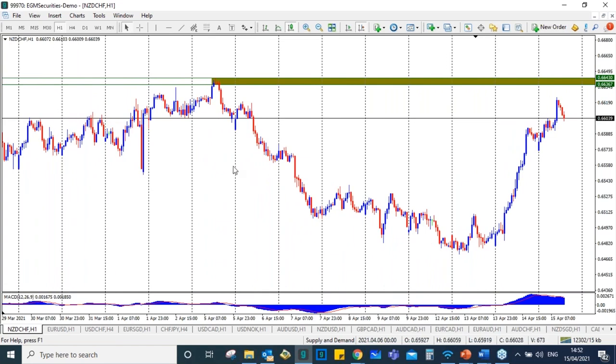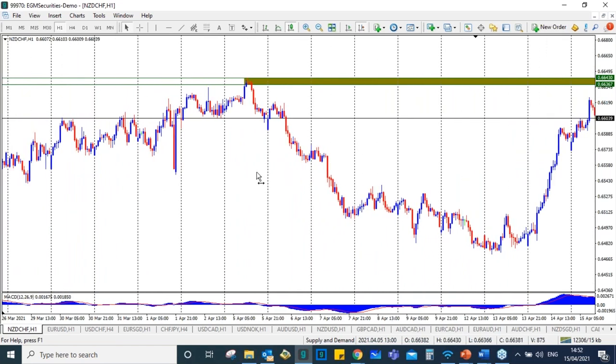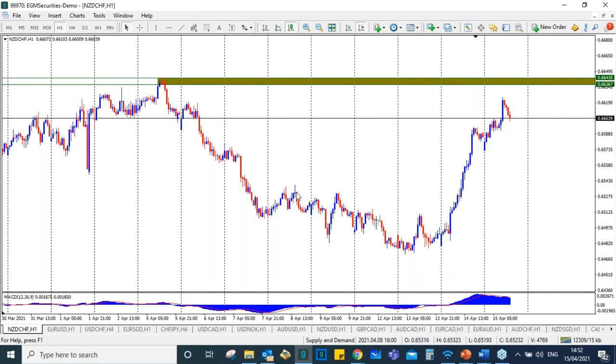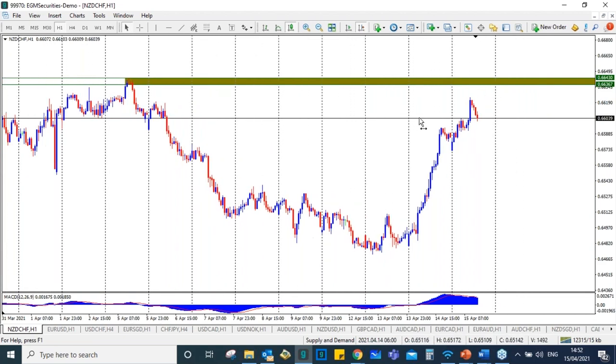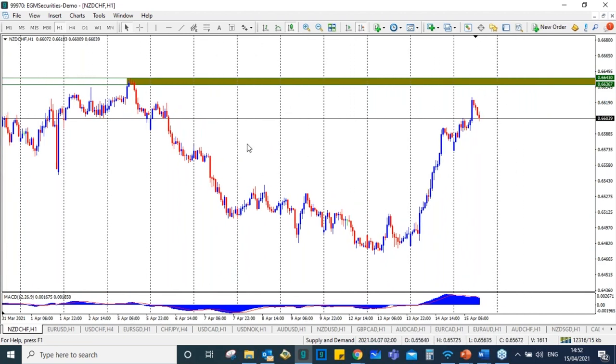Of course, it would take time for you to master how to identify these zones, but ideally what you're supposed to do is to have a naked chart and try to identify areas where price has reached and a huge rally has been formed shortly after.